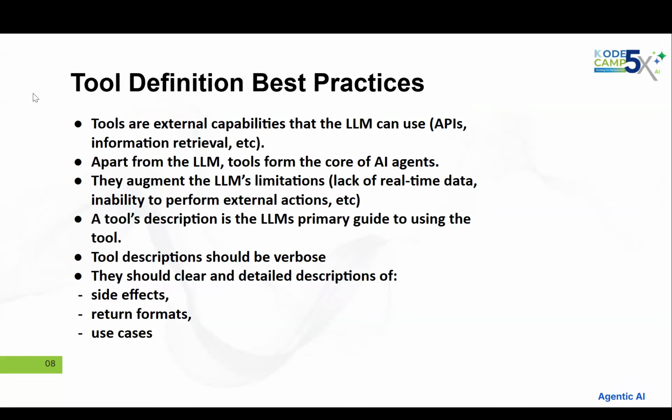The last two points, two descriptions with the verbals, I'm not sure I get what you mean by that. And then the last one says they should clear and detailed description. That element is not clear. I think there's a word missing. Right, it should be that they should provide or contain clear and detailed descriptions of something. Something is missing there.